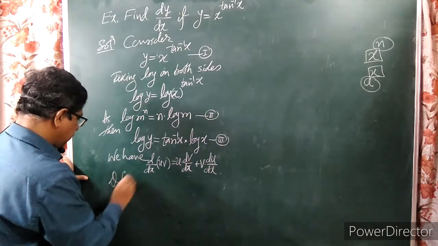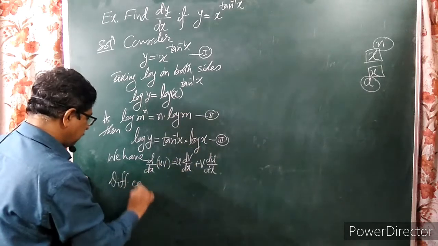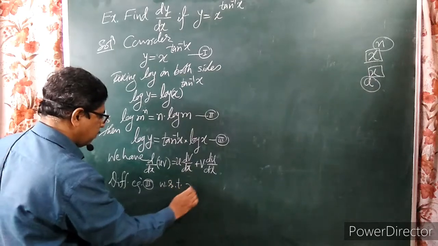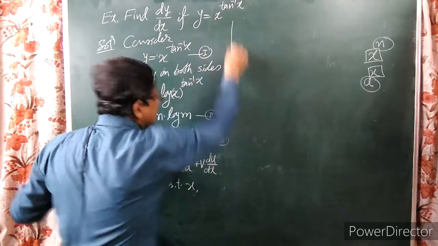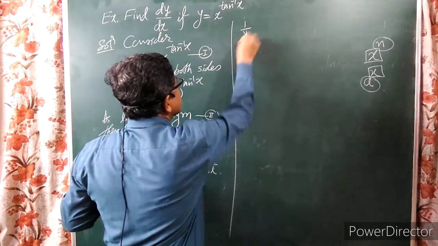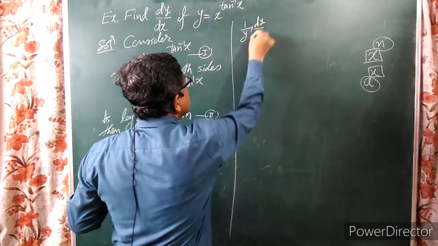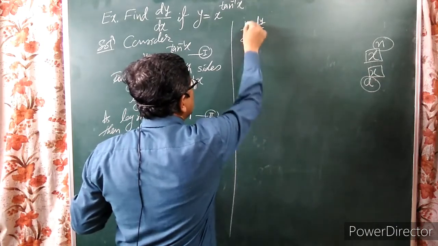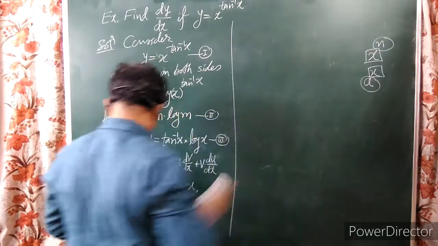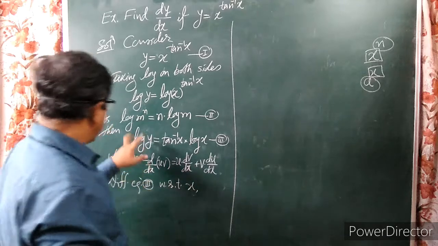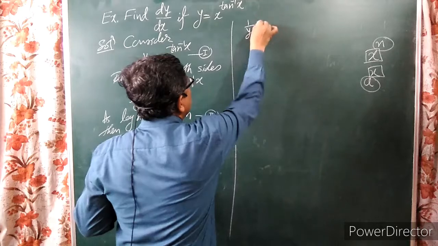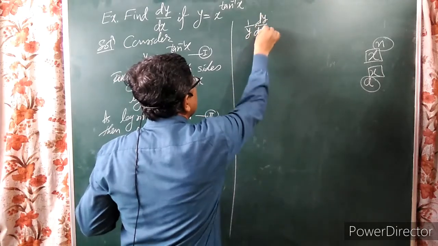Differentiate this equation 3 with respect to x. So we'll get here, derivative of log y as it is composite, as log y is composite we get its derivative as 1 upon y into dy by dx is equal.